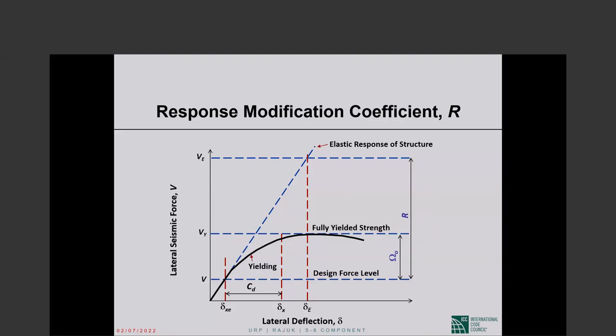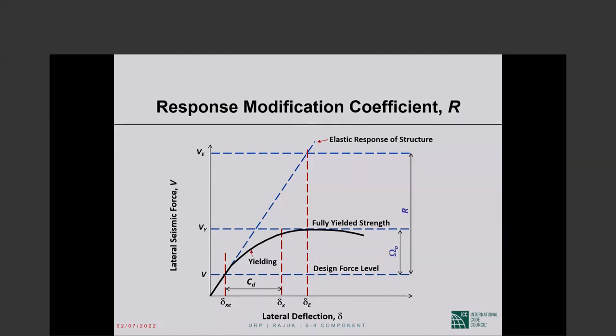So if omega sub 0 is 3, as it is for special moment frames, then when we elastically compute a bending moment of 100 foot kips at a beam support section, the actual bending moment that can happen there is 300 foot kips. That's what omega sub 0 is about. It gives us an estimate of the largest internal force that can develop at a particular section under the design earthquake displacements. Okay, so R, omega sub 0, C sub D.